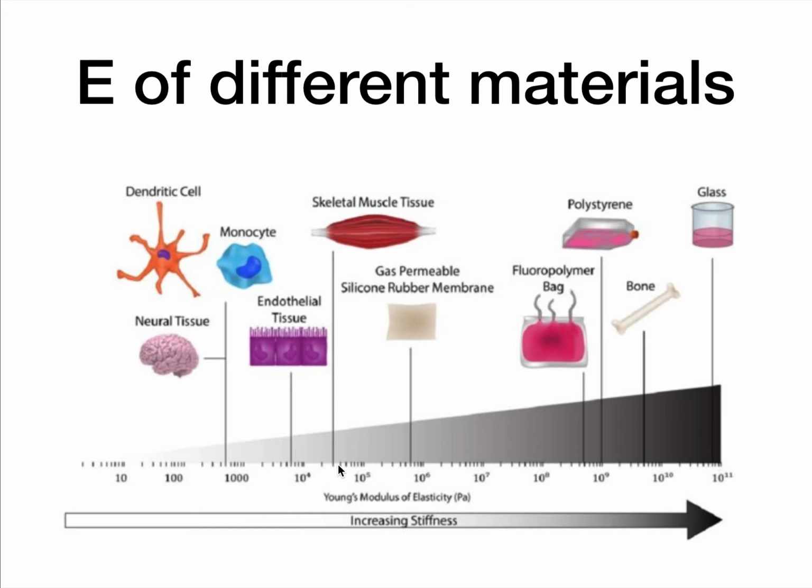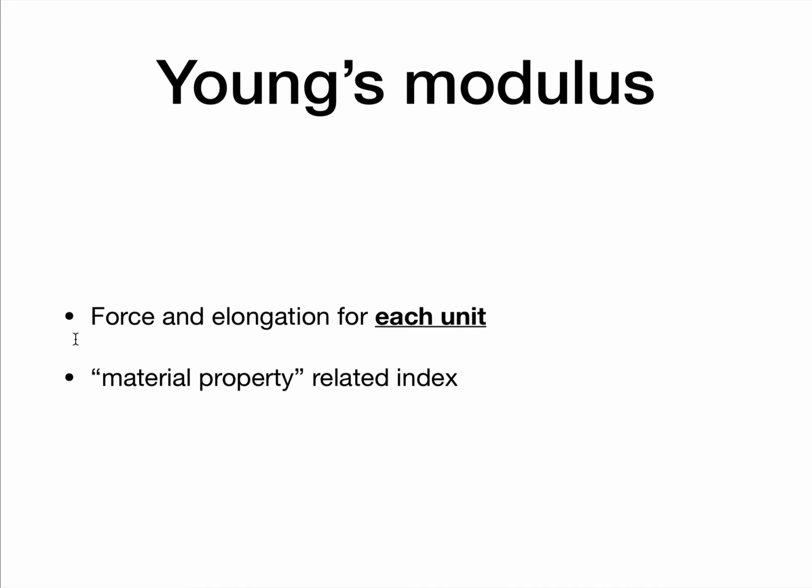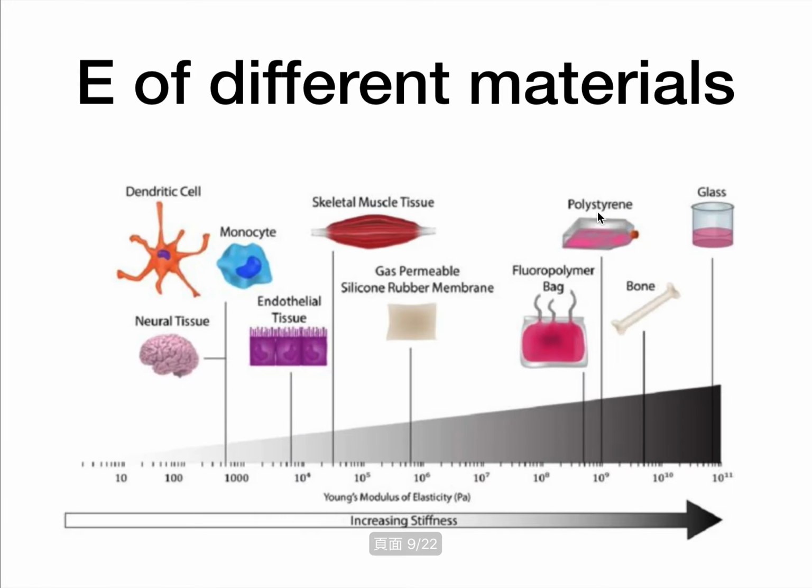Usually you get a pretty similar Young's modulus. So that's the first idea. We want to know the force applied and the elongation for each unit. So that's only related to the material. We divide into each unit. So it's more a material-property-related index. That's why each material has its own Young's modulus. Doesn't matter if it's a big one or a small one, a long one or a short one.